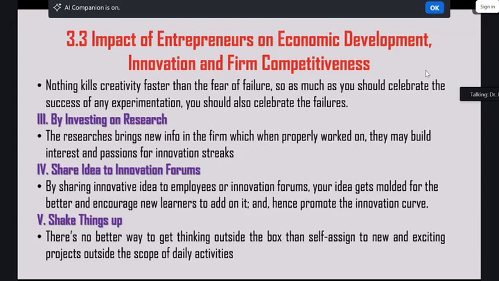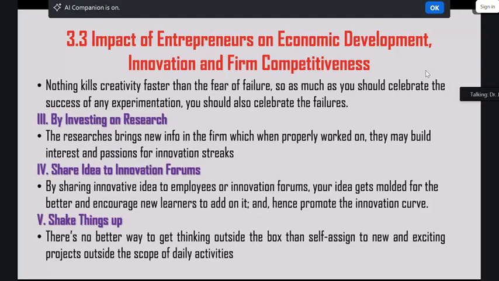So the fifth one ni shake things up. There's no better way to get things outside the box than self-assigning to new and exciting projects outside the scope of daily activities. You know, majority of us tunapenda sana to work under comfort zones.